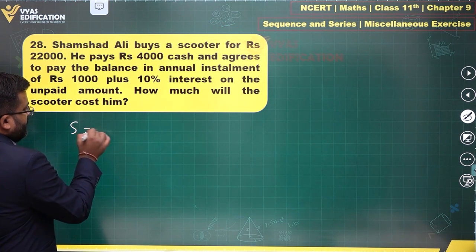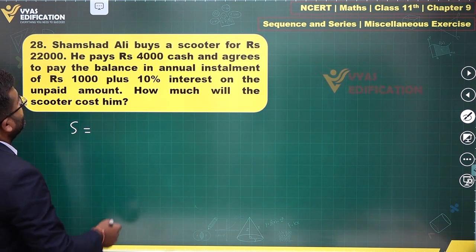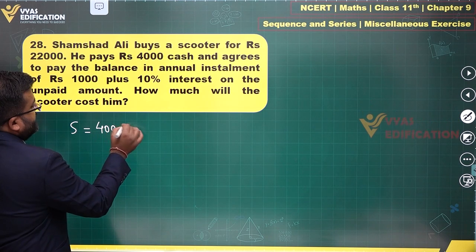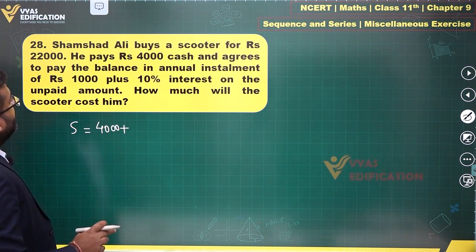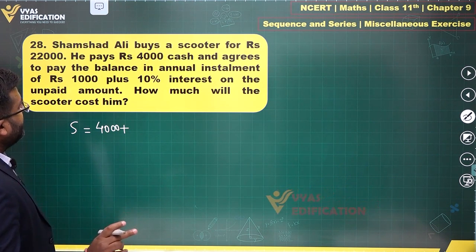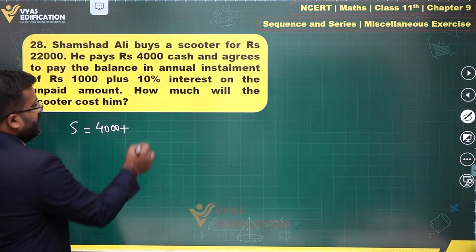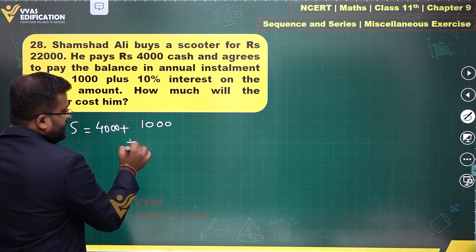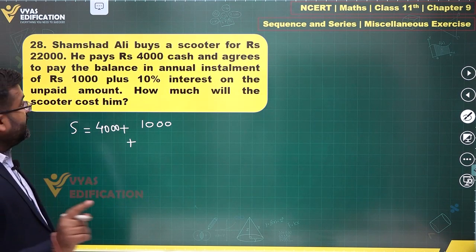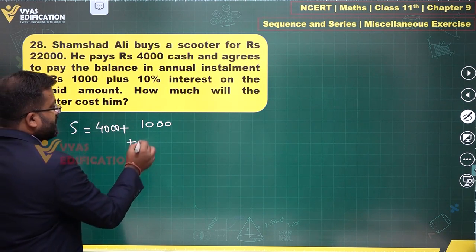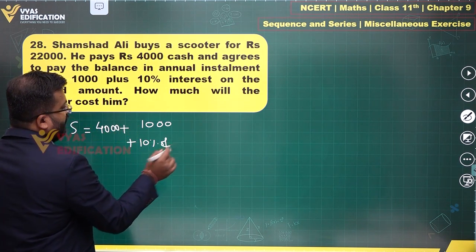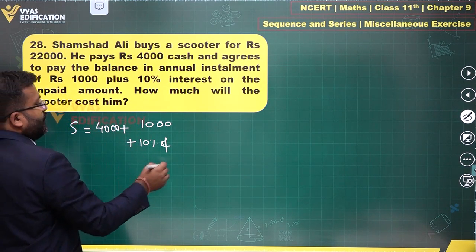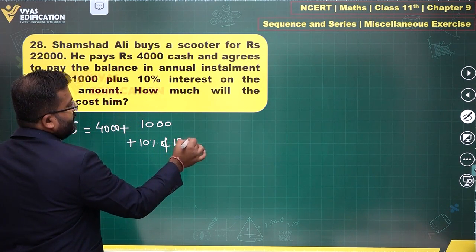Okay, so let's say the total sum that he pays is 4,000 cash plus annual installments of rupees 1,000 plus 10% interest on the unpaid amount. So 10% of the unpaid amount. The unpaid amount is 22 minus 4, which is 18,000.